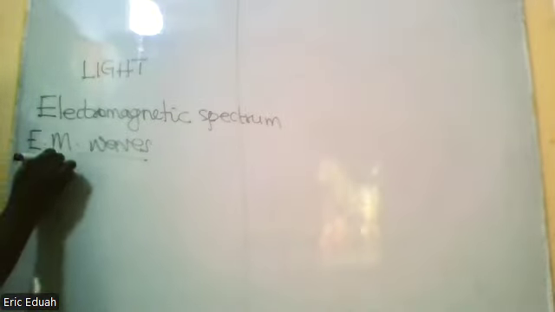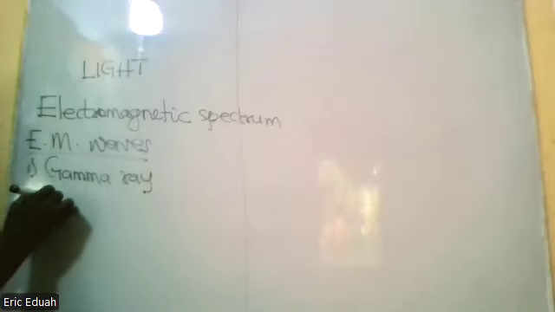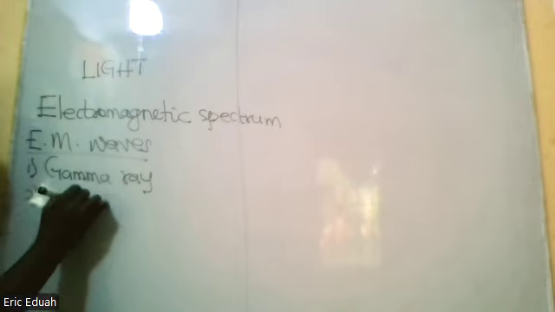And examples, we have gamma ray. We have X-ray. We have UV, ultraviolet. We have visible light.